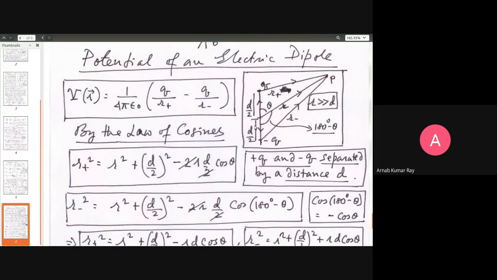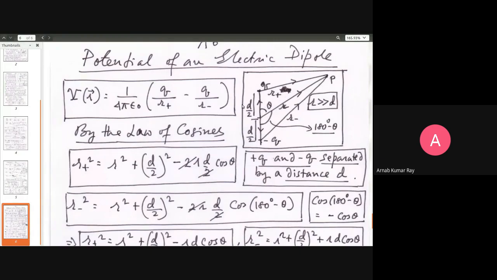This position is located midway between the shortest path joining the two charges, and from this point, the displacement to the position P is vector r.